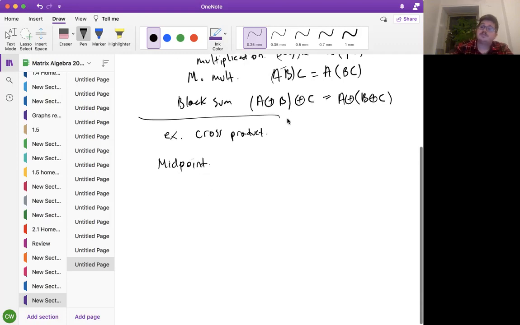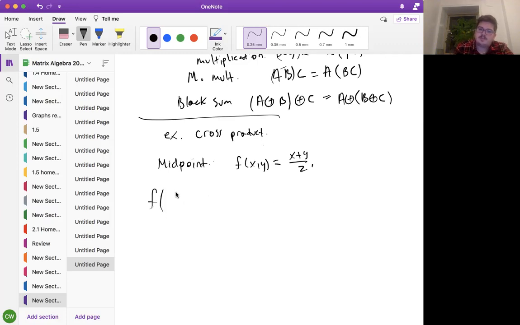So what is the function of midpoint? Can someone say? How do you find the midpoint between two values? x plus y over 2, yeah. So let's see, if it were associative, let's say what that would be.